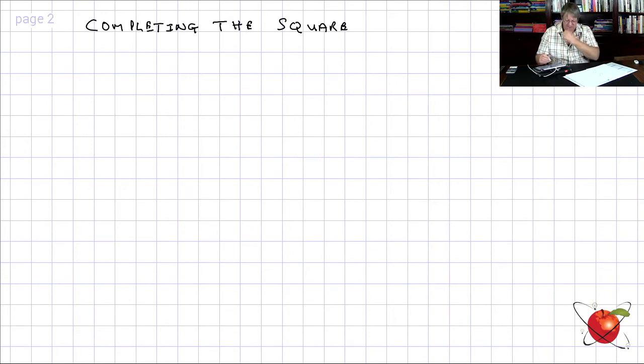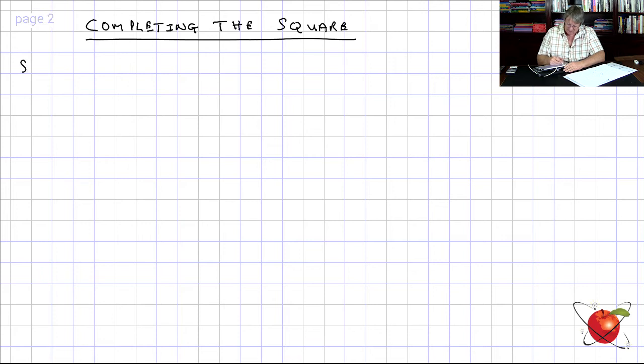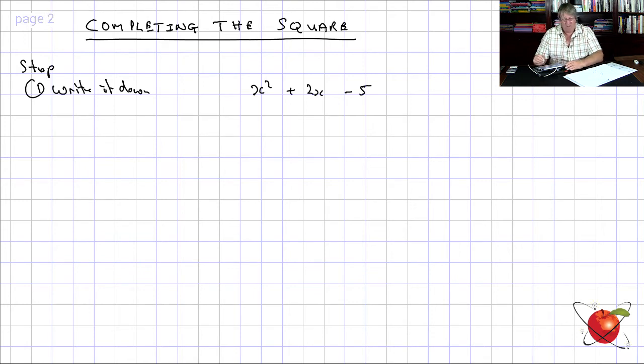What do I do in completing the square? Well, we are going to take this little quadratic and we say, step 1, write it down. x squared plus 2x minus 5. There we go. That's our first thing, we put it down.